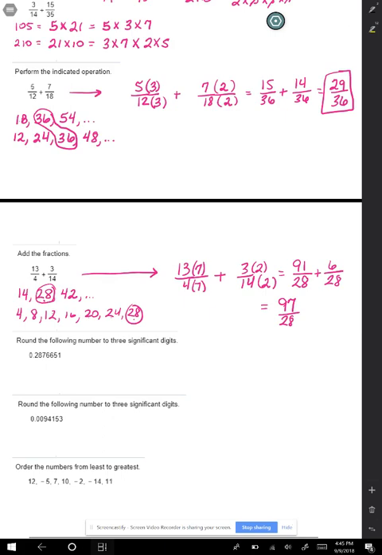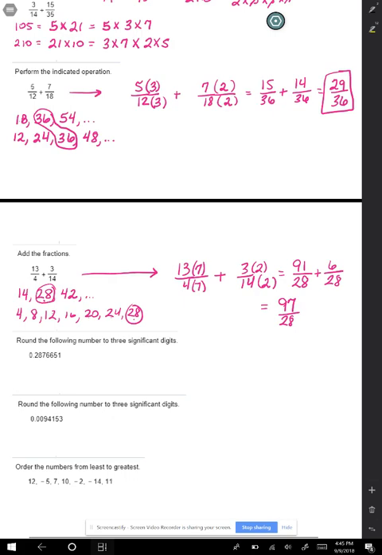And then you would check and see, can you reduce the 97 over 28? That would again be where you would check and see what are the factors, or what will go into 97, what will go into 28, and then see if you can reduce those. If you don't recognize any right off, just start and say, well, can 97 be divided by 2?